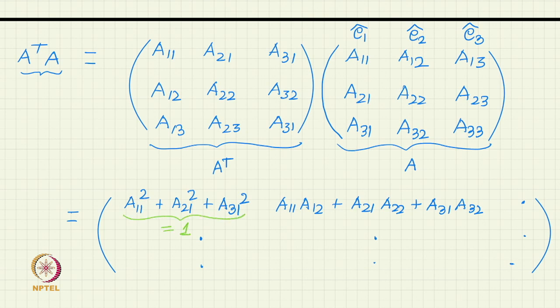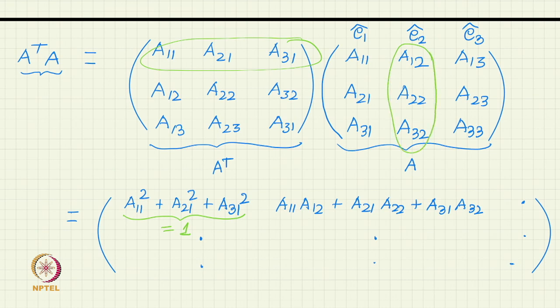What about the second element of the first row? Again, this is the product of the first row here and the second column here.